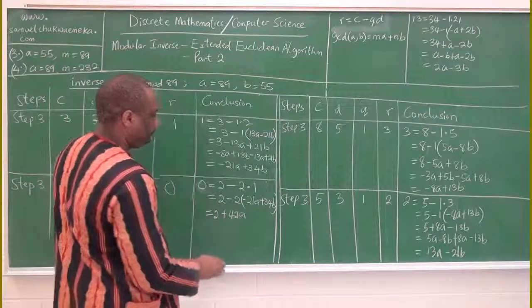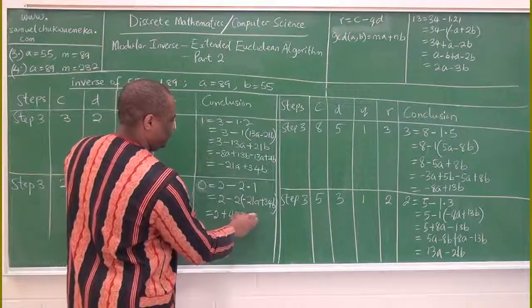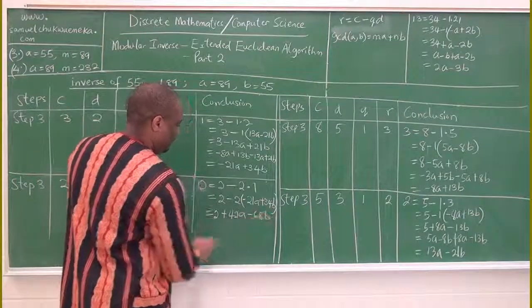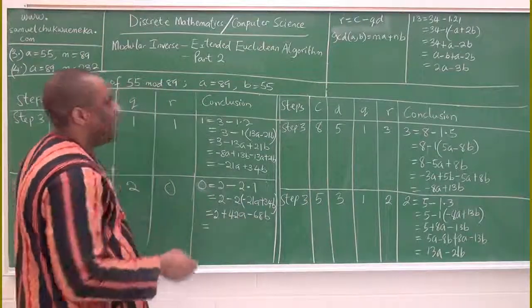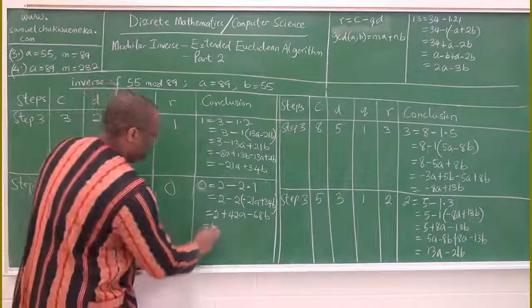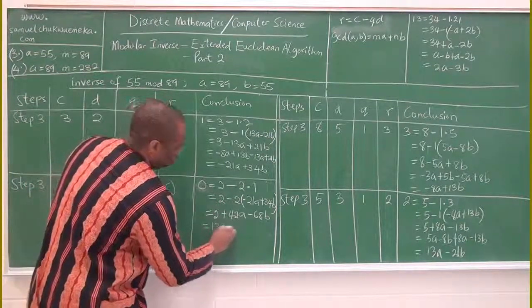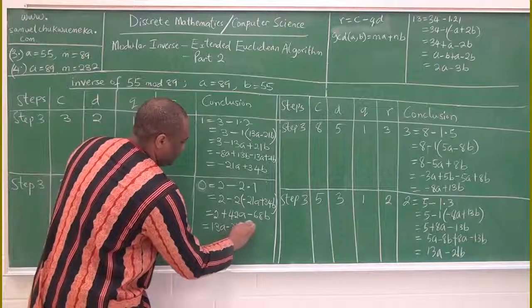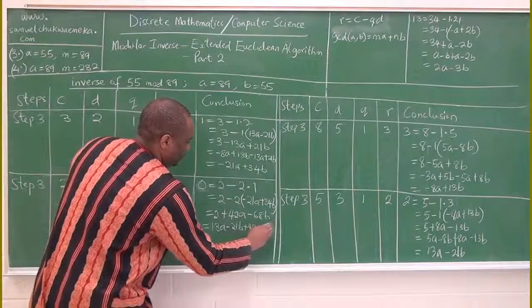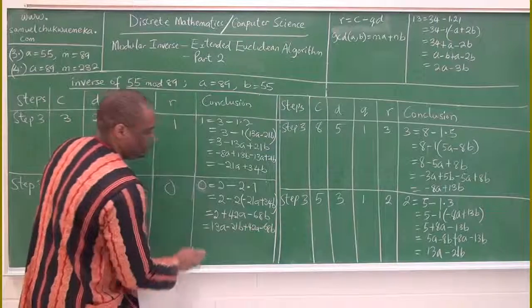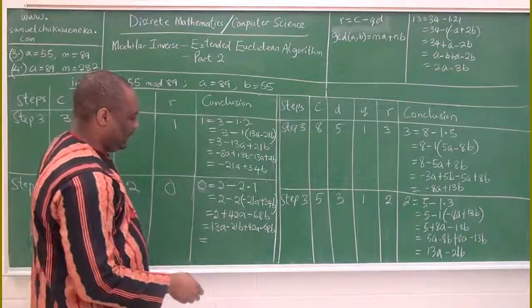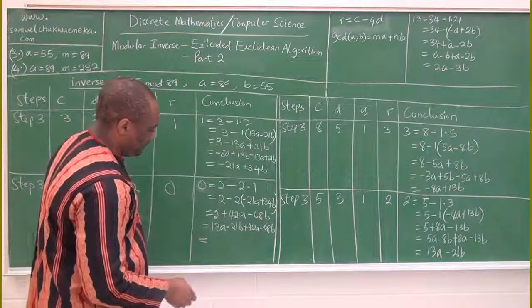A minus 68B. And this will be equal to, our 2 was what? 13A minus 21B minus 21B plus 42A minus 68B. So this will be 13A plus 42A is what?